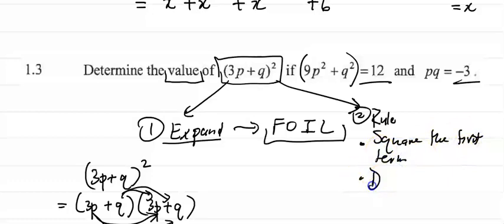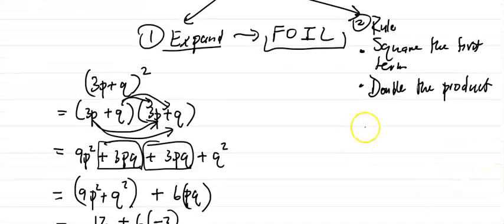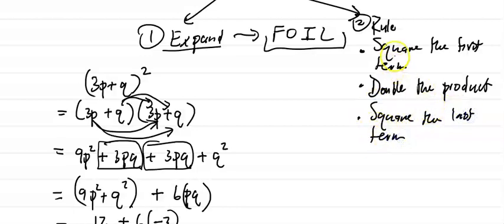Step number 2, we will double the product of the two terms. And then step number 3 is we'll square the last term, the second term. So square the first term, double the product, and square the last term. Okay? And this will be applying the rule.